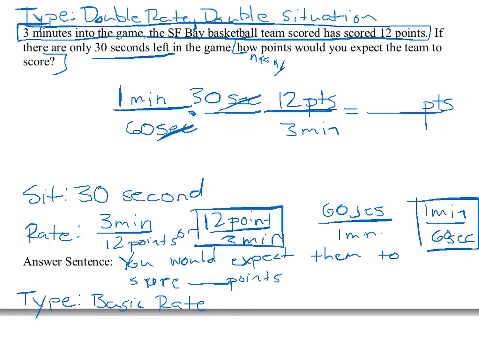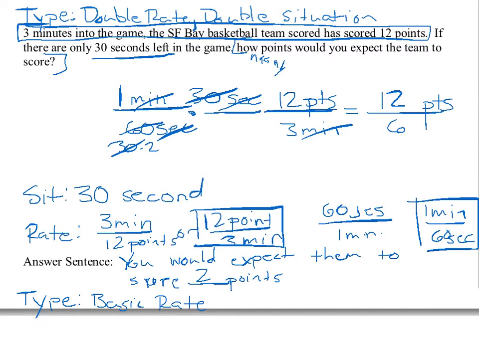And seconds with seconds, minutes with minutes. I can do some simplification here. This is going to be 30 times 2. So the 30 cancels out. And so I'm going to get 12 over 2 times 3 is 6. 12 divided by 6 is 2.